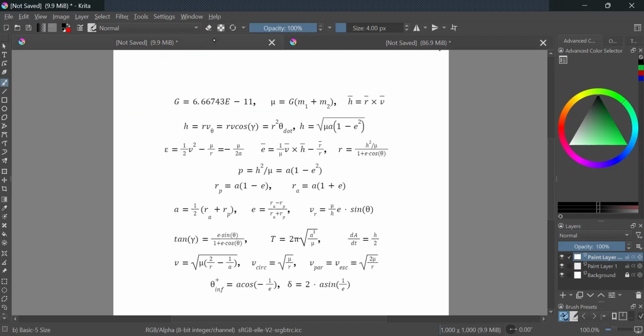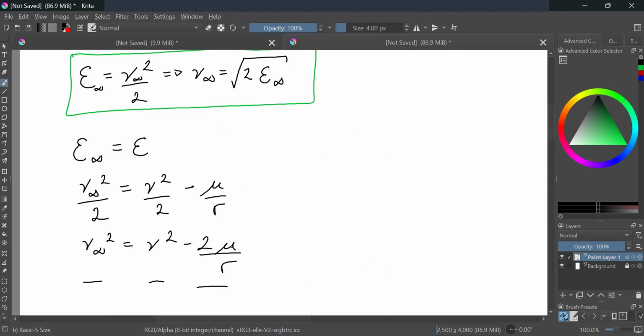If I go over to here, where is it? Here we go. Aha, our escape velocity. The square root of 2 mu over r. 2 mu over r, if you will allow me to write this down here again, is our v escape squared.